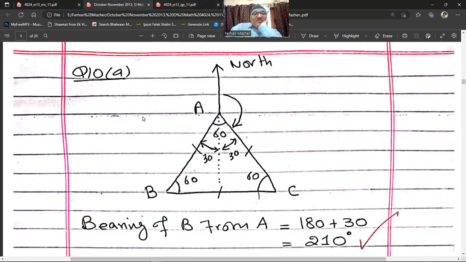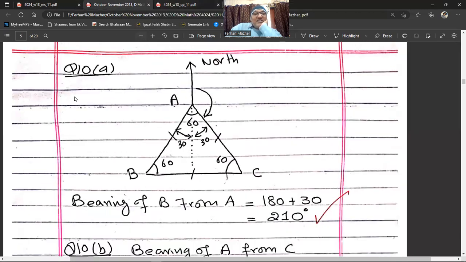Let me show you how this is. I have done this. Okay, question number 10, A part, you can see this is an equilateral triangle and this is the north. If I prolong this, this angle will be divided into two equal parts, 30, 30. So the bearing of B from A means on A is the north. From that north, you go clockwise to the AB line.